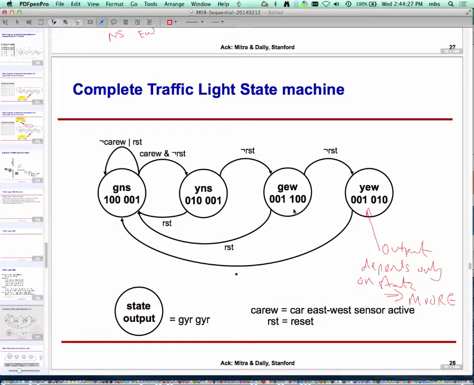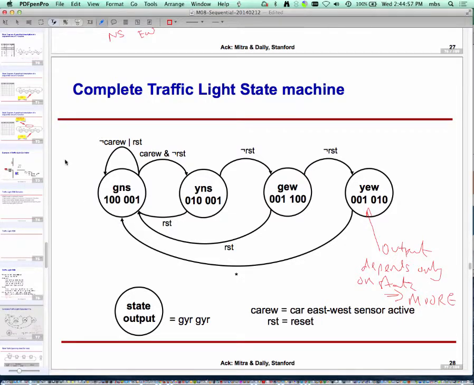So you see out here that from the other three states, yellow east-west, green east-west, yellow north-south, if the reset signal is high, we move back to green north-south. On yellow east-west, we don't put reset because after yellow east-west, we know it always has to be green north-south. So there is a single edge coming out of yellow east-west, which is basically taking us back to green north-south.